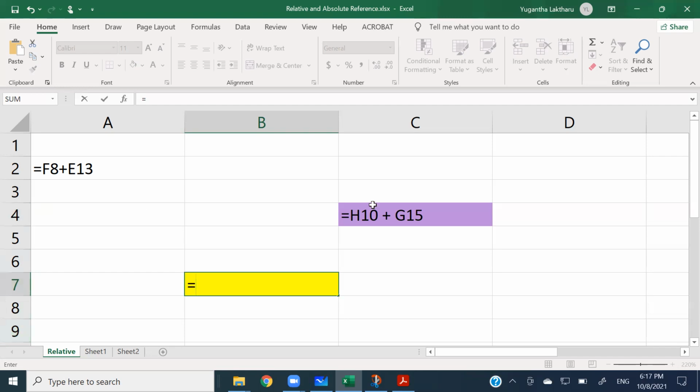But when you are copying the formula, don't think about these column headers and row headers. We are not thinking about those. We are taking the particular cell and thinking relatively. What is in the cell? We think relative to that.